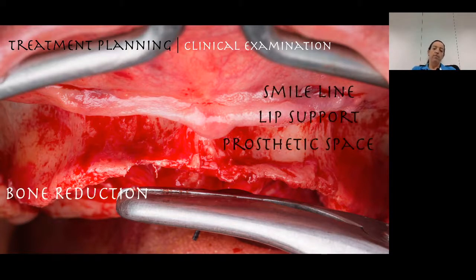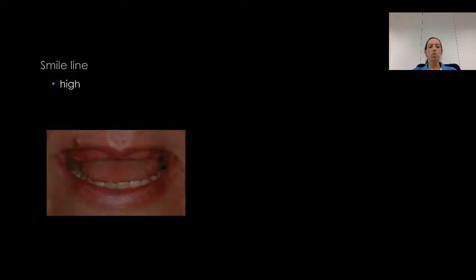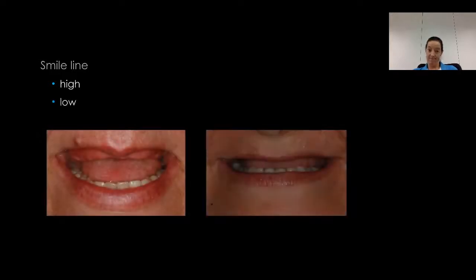Because the smile line of the patient, the lip support of the patient, and the prosthetic space that we will need for our prosthesis will tell me, in terms of surgery, if I will need to do bone reduction. So we can have a high smile line, where the patient shows the gum when smiling, or a low smile line, where the patient does not show the gum when smiling.